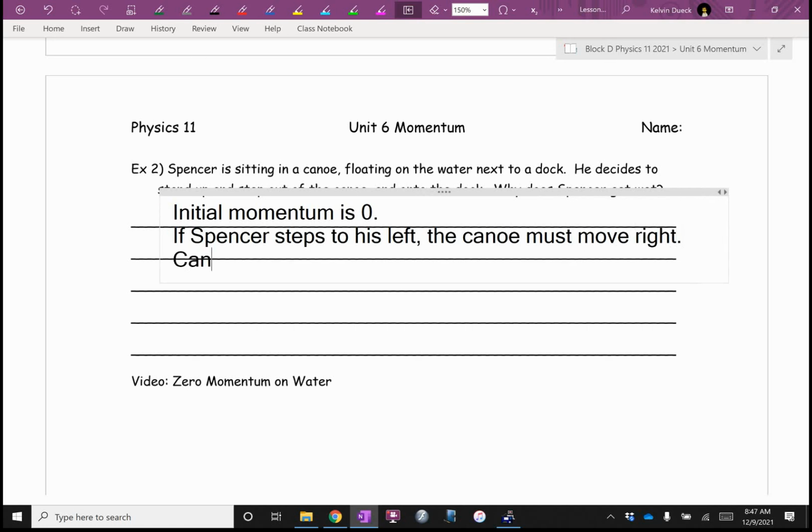And the canoe has smaller mass than a person. Canoes weigh less than a person. So it'll have a bigger what? If it's got a smaller mass, think in terms of momentum. Yep. It'll move out faster than Spencer steps left.